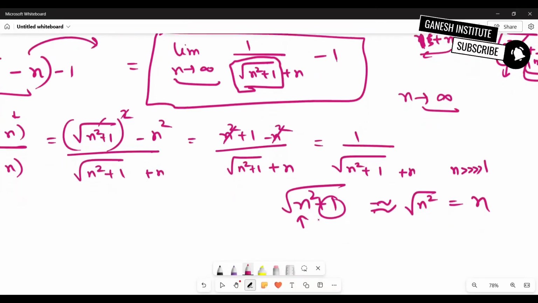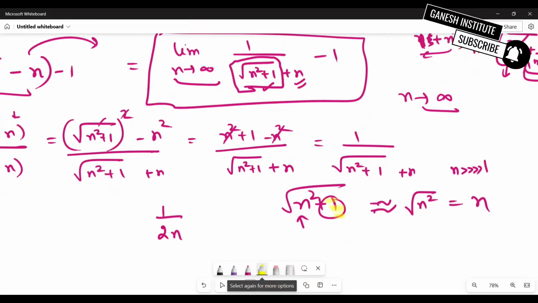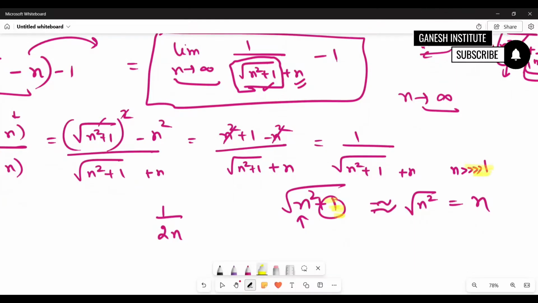And if it is n, this has become n plus n, 2n. How did you get rid of the plus 1 though? 1 is way less than n because n is increasing, it's infinity.